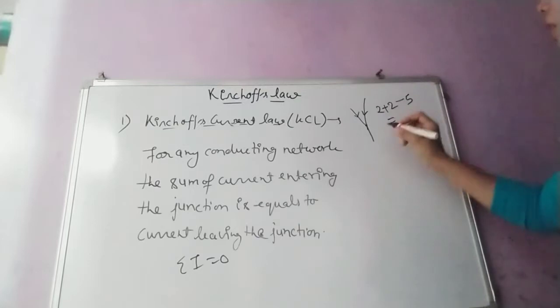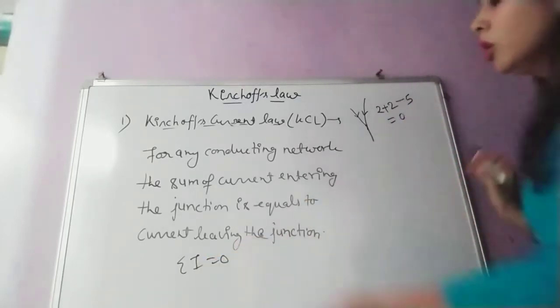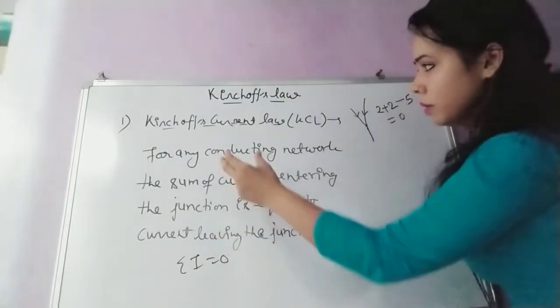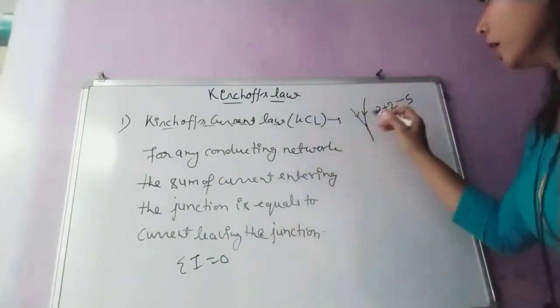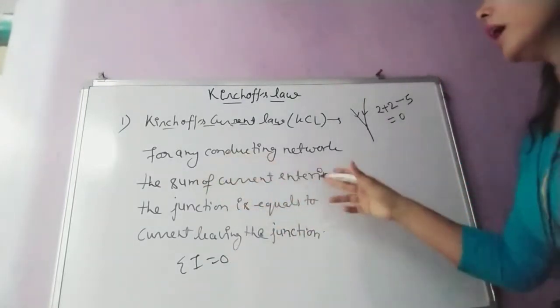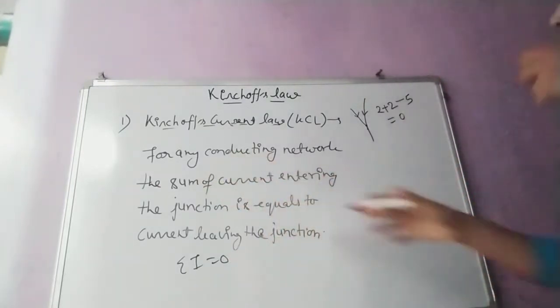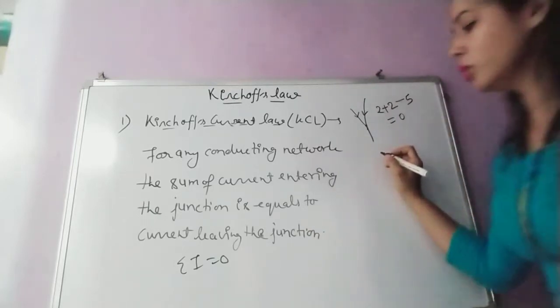So the sum of all these currents equals 0. It is the same thing, summation I equals 0. So you can state this law by these two methods: the sum of all currents equals 0, or the sum of current entering the junction is equal to the current leaving the junction. Understood? So I hope it is clear to you all.